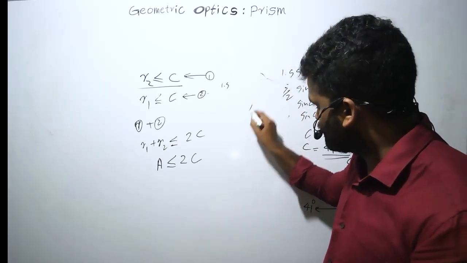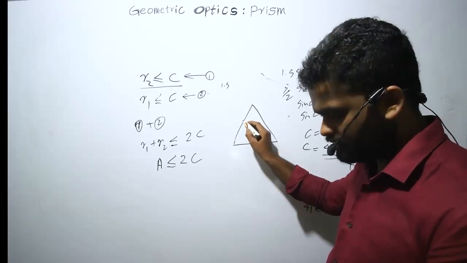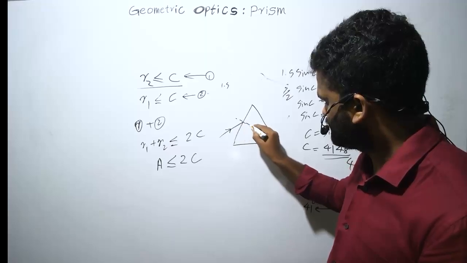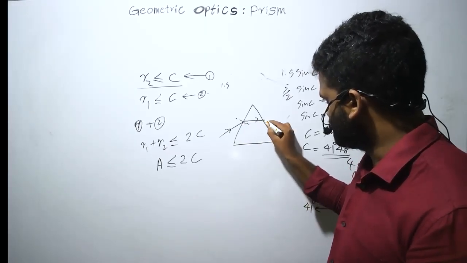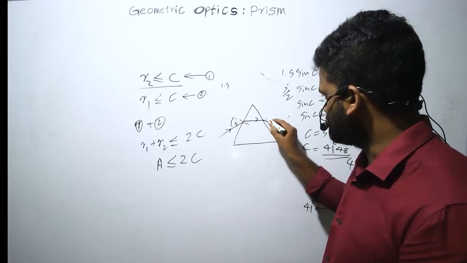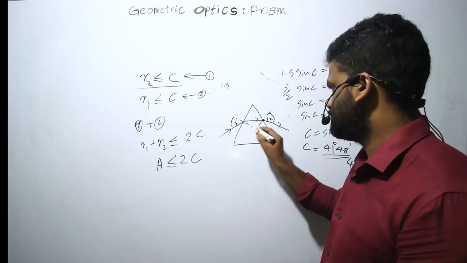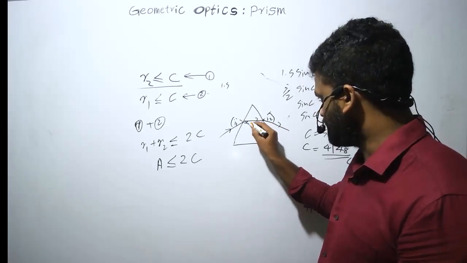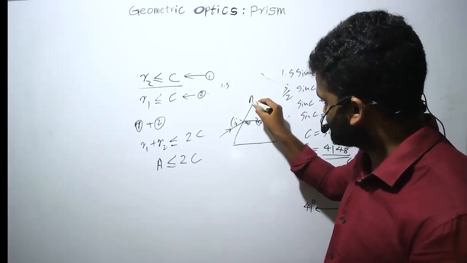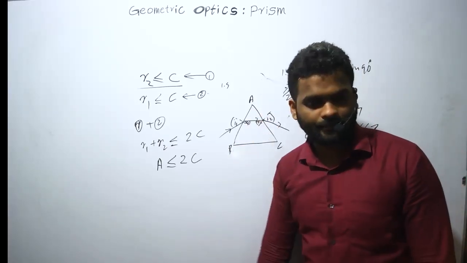From the side, draw this diagram as well. So this is emerging, right? Emerging, because we are talking about emerging rays. So this angle I1, this angle I2, this angle R1, R2. This is ABC, right? ABC. Okay.